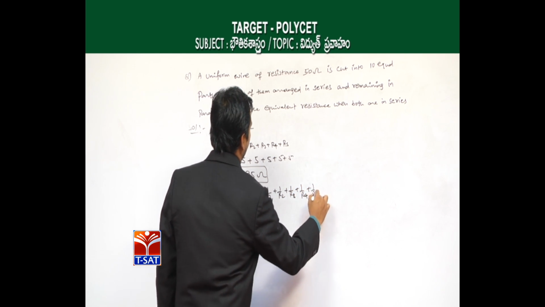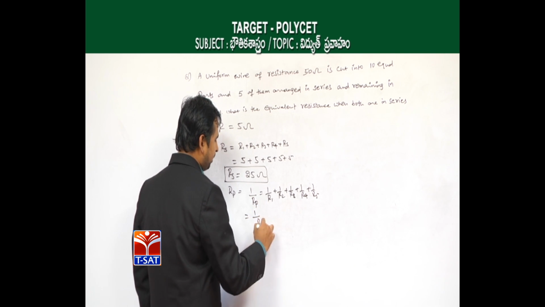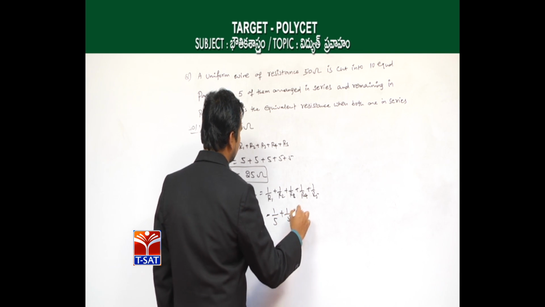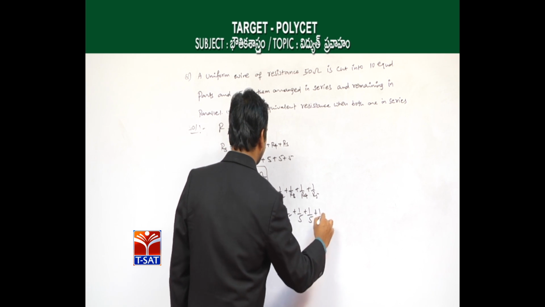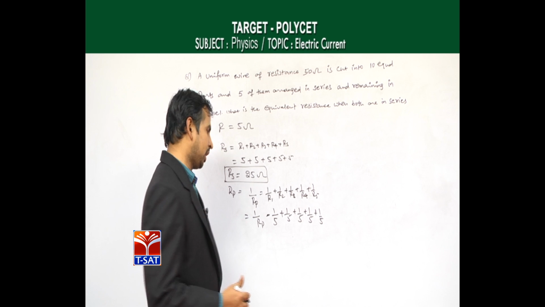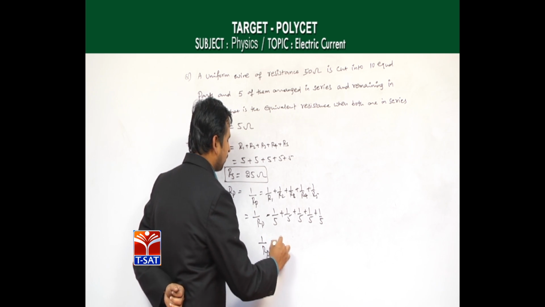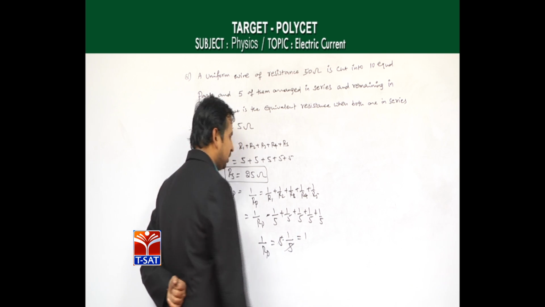Each one has a resistance of 5, so we are adding 1 by 5 a total of 5 times. So 1 by Rp becomes 5 times 1 by 5, which is 1.